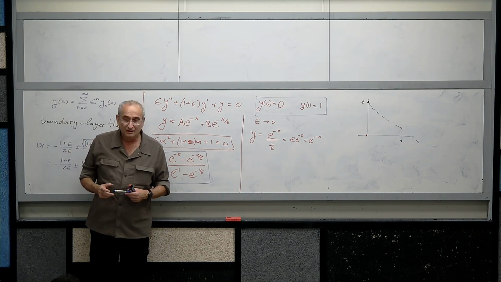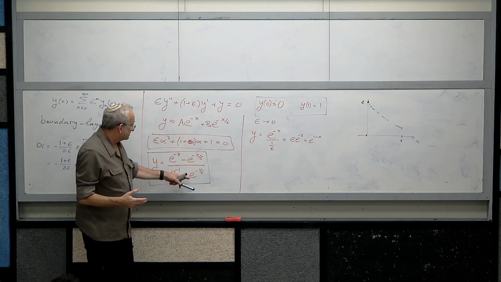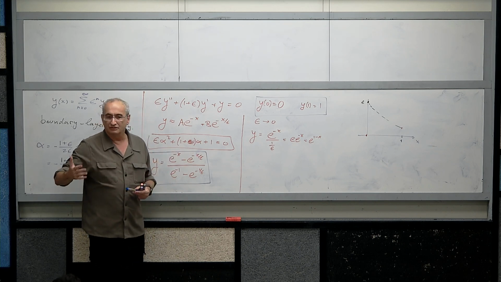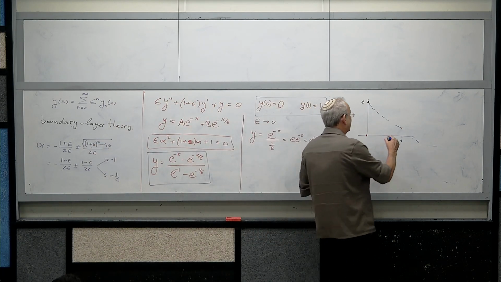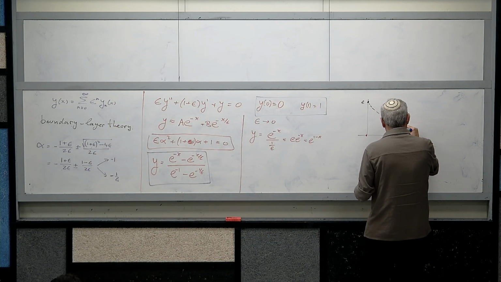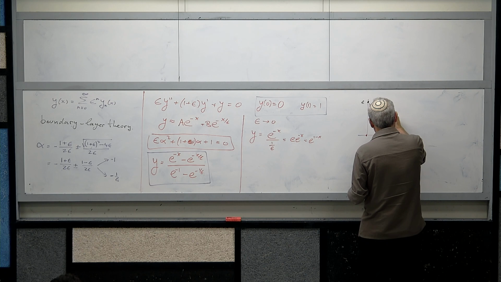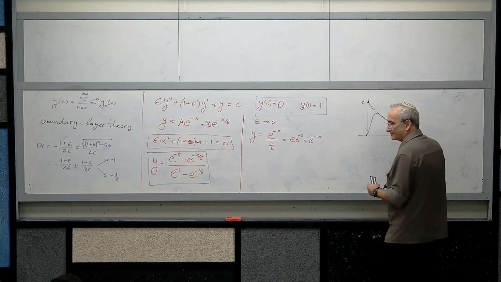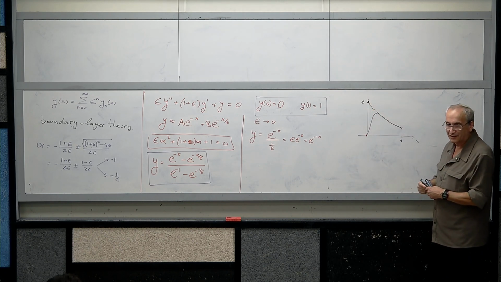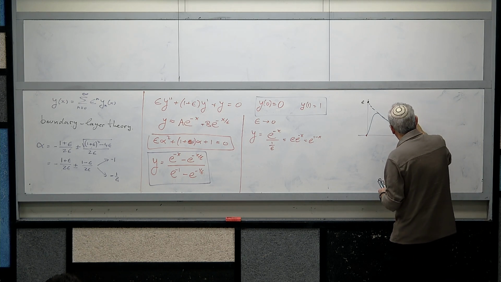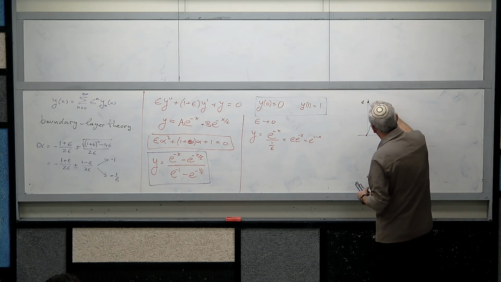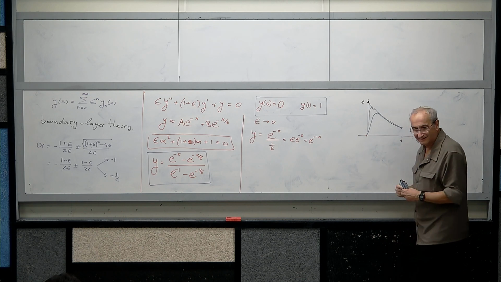You see? So if you plot this solution and take epsilon to be smaller and smaller, you will find that it is doing something like that. It goes here and then goes to here. This is for, say, epsilon 0.1. Now, if epsilon is 0.01, it goes here and then goes here.